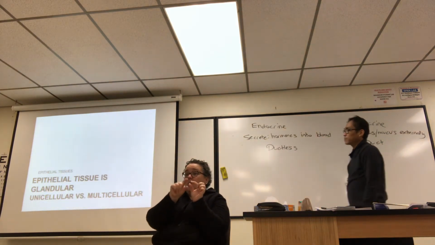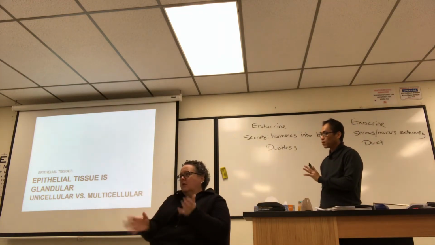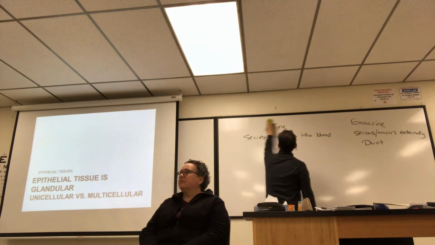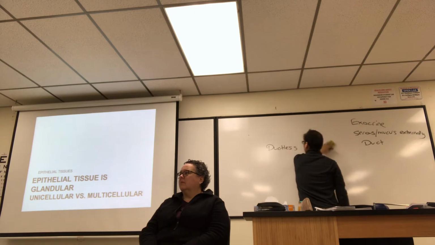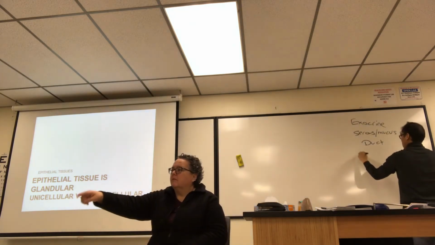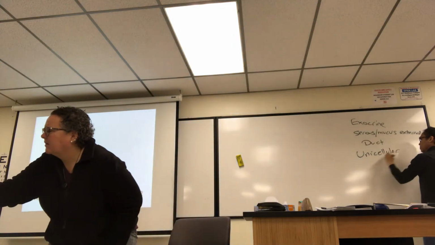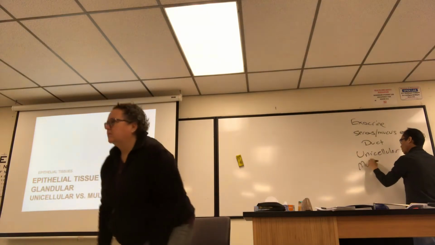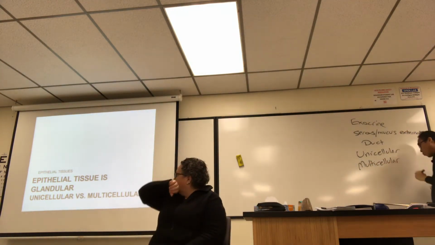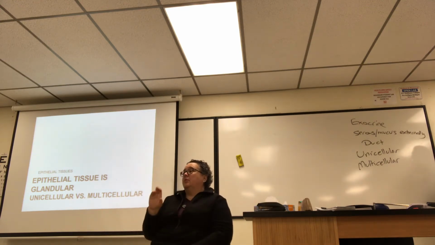All right, moving on. Epithelial tissue is glandular, but you could have unicellular or multicellular glands. Okay, so talking about the exocrine ones, it could be unicellular or multicellular. And basically, I think the mucus gland is a good example since we already looked at it.